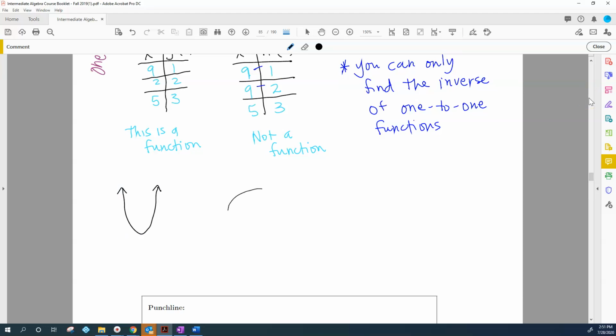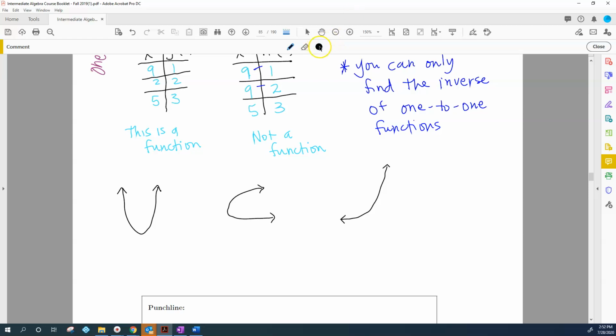If I have this, I have something like this. Okay, so I want you to look at these and we're going to see, do they pass the vertical line test and the horizontal line test? Because if they do, then that means they're one-to-one functions, right?